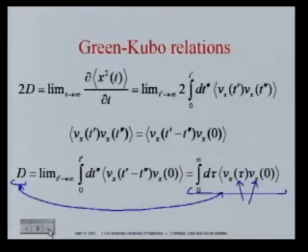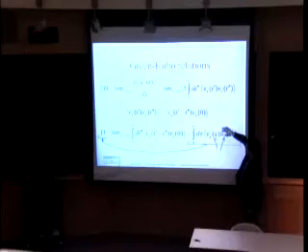Now, if tau is very small, the velocity is not going to have changed very much. So in the limit of small tau, your velocity at 0 and your velocity at tau are going to be very similar. There is a lot of correlation. When you take this product, it's going to look a lot like V0 squared, and then all these things are normalized properly, so it could look like 1.